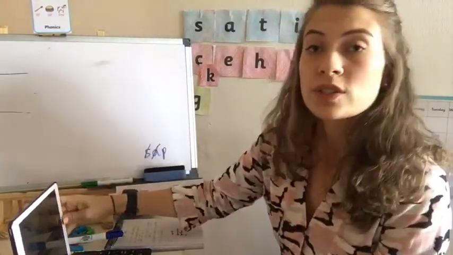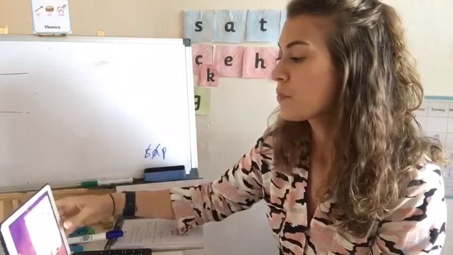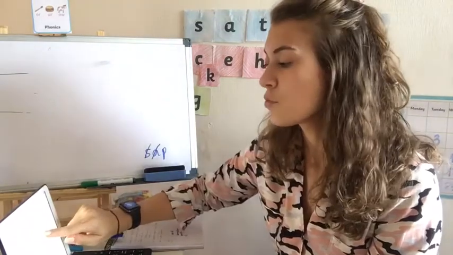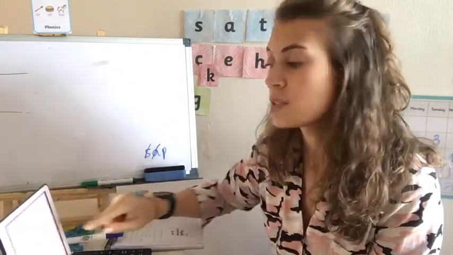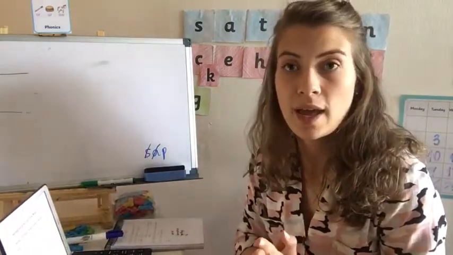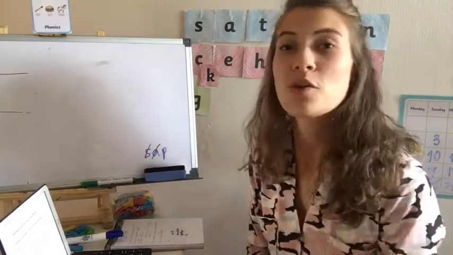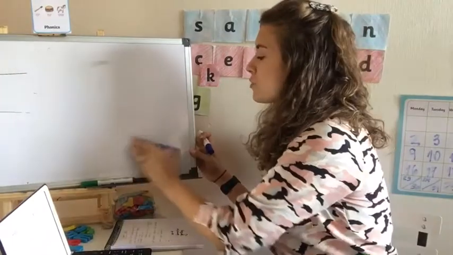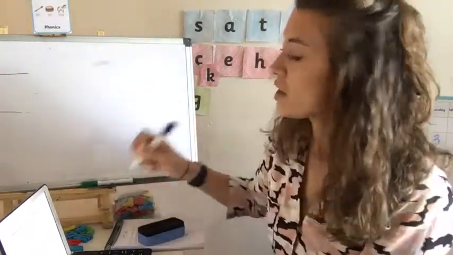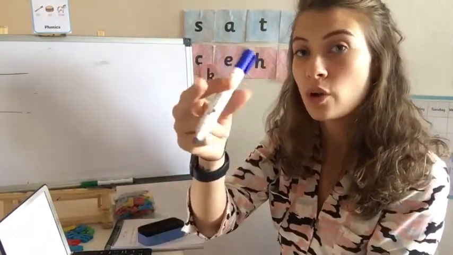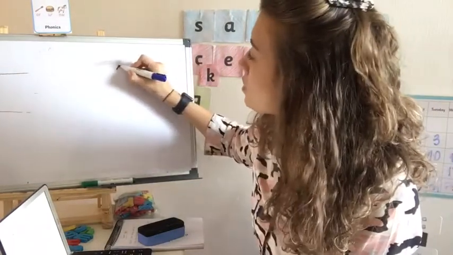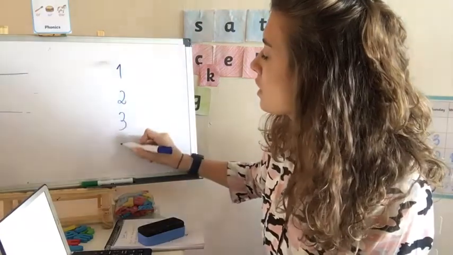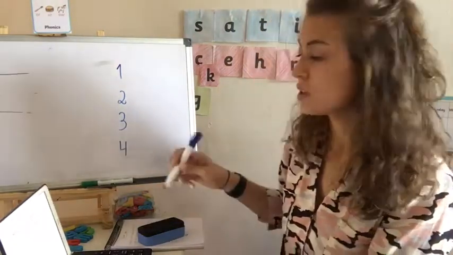And I'm going to tell you 4 words from your spelling log, and then you're going to pick up your colored pencil and write 1, 2, 3, 4 in order.